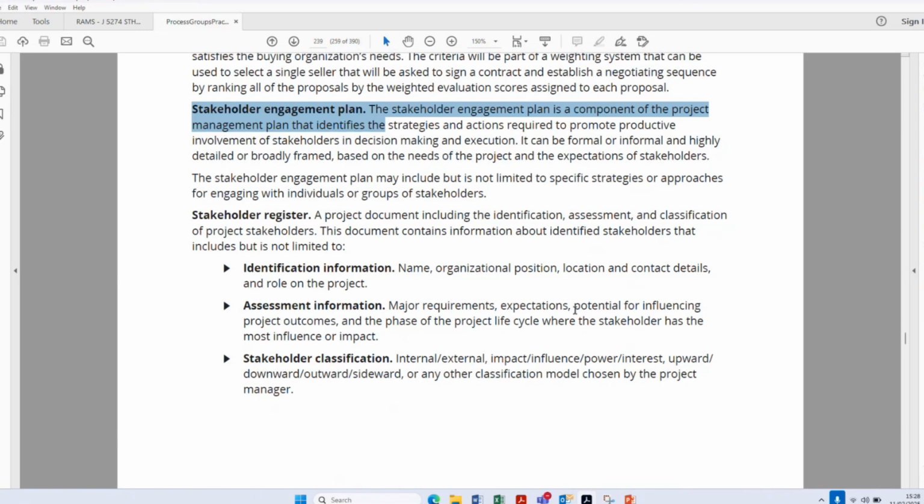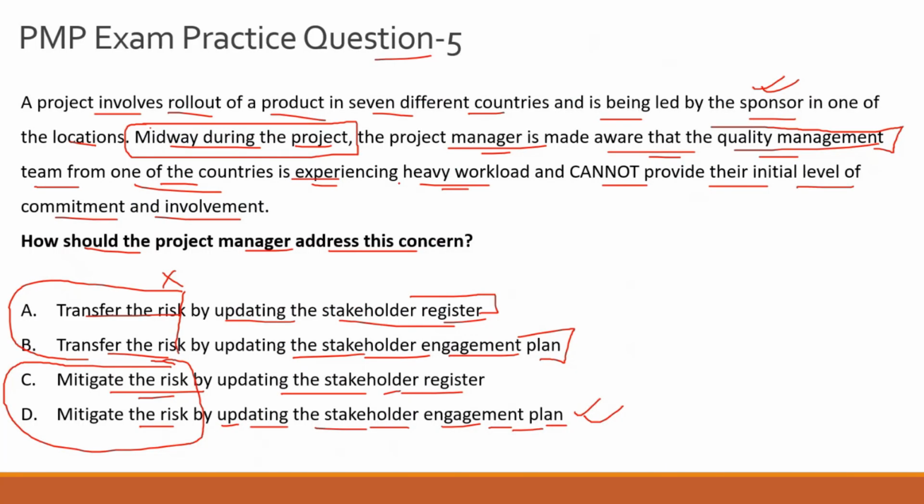Now that might be hiring an external consultant, or using some of your internal quality resources from another country, and it can be a thousand and one options or actions which you can take. But the guiding document in this scenario will be your stakeholder engagement plan, which can be referred to.